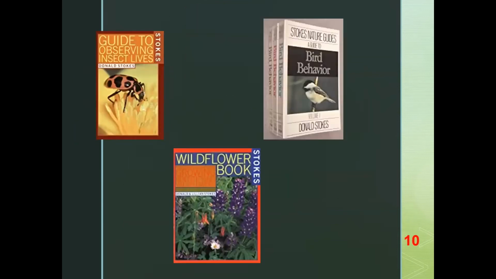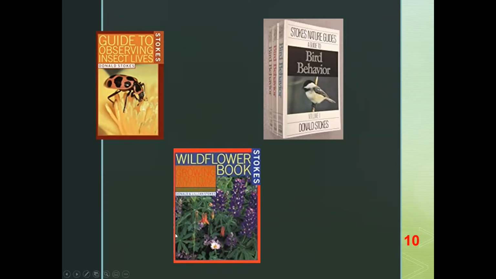A very helpful resource for doing that, for educating ourselves in terms of natural history, are the Stokes Nature Guides. Don and Lillian Stokes have devoted their lifetime to researching and teaching about the natural history of native landscapes.